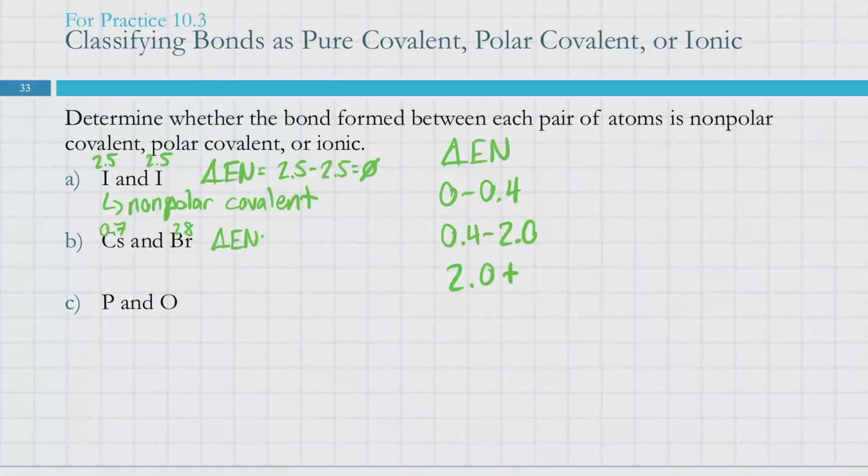Difference in electronegativity, 2.8 minus 0.7, gives us a value of 2.1. That would fall into the ionic category. We could also say that it's ionic because we've got a metal and a nonmetal. So if we completely forgot what electronegativity is, if we remember our definition for ionic compounds, metal and nonmetal, we could make a pretty good educated guess that it's probably an ionic bond.